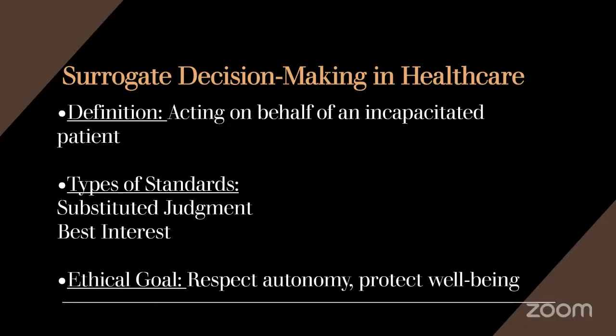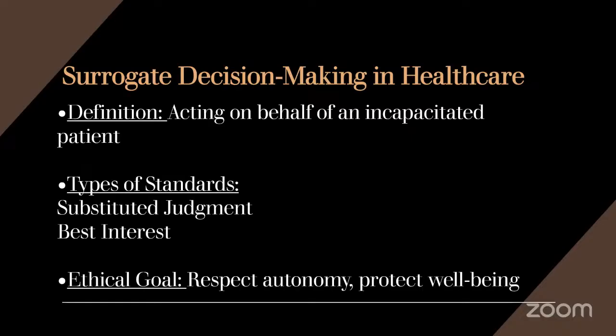Now let us turn to surrogate decision-making in further detail. A surrogate is someone who steps in to make a choice on the patient's behalf, ideally preserving the patient's autonomy as much as possible. There are two main standards that guide surrogates.